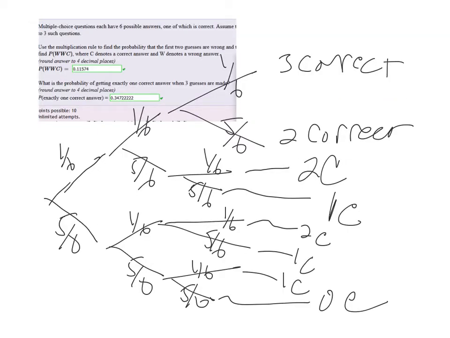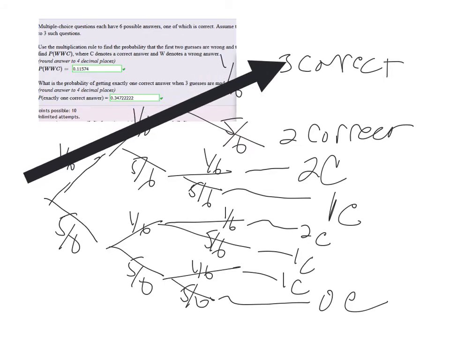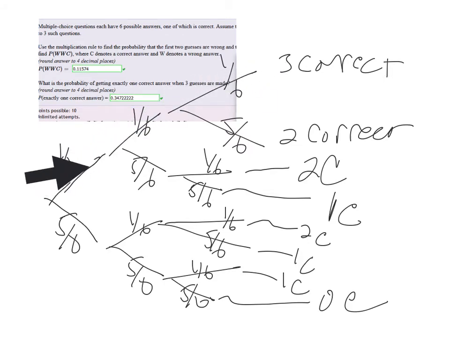So for the second part of this problem, I thought that maybe I'd tackle it the same way. So what I did was, let me get a pointer going here. I looked at my tree diagram that I made again, and this path here is getting all 3 correct. This path here, I got the first 2 correct, then 1 wrong, so that's 2 correct.